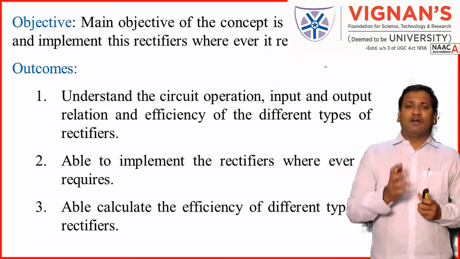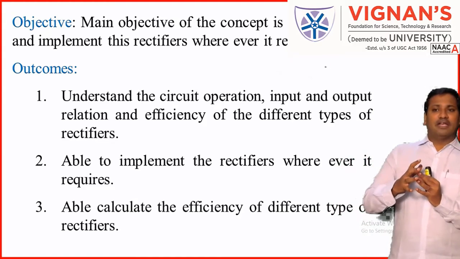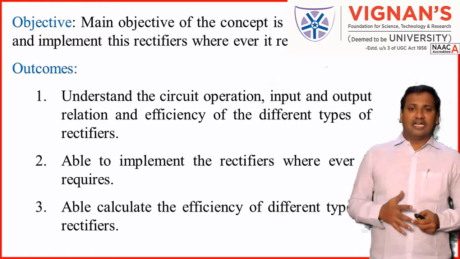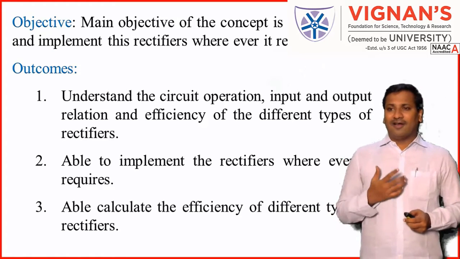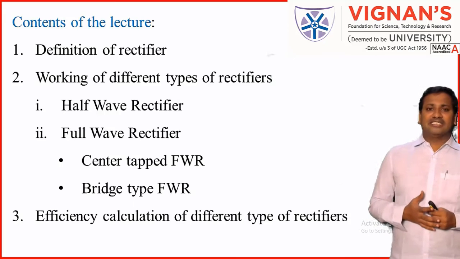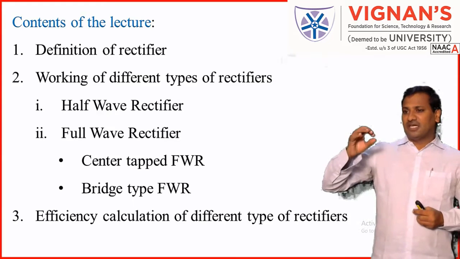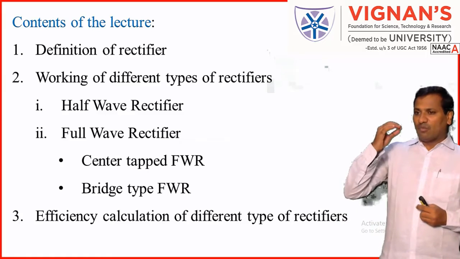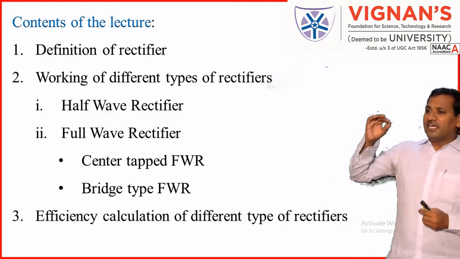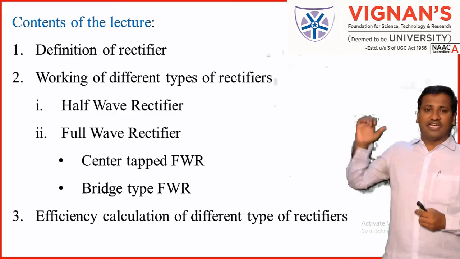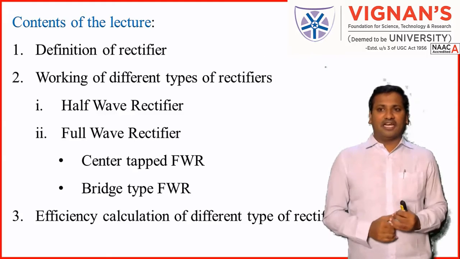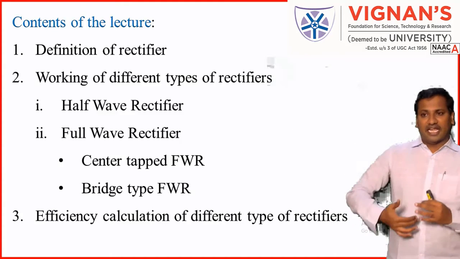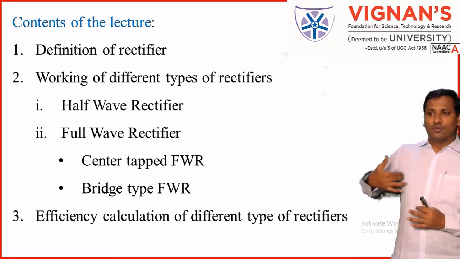By taking these 3 outcomes into account, we need to cover the following contents in the lecture on rectifiers. The contents are as follows. First, we need to understand the exact meaning of a rectifier, followed by working and different types of rectifiers. They are the half wave rectifier and the full wave rectifier. Again, the full wave rectifier is classified into 2 more types.